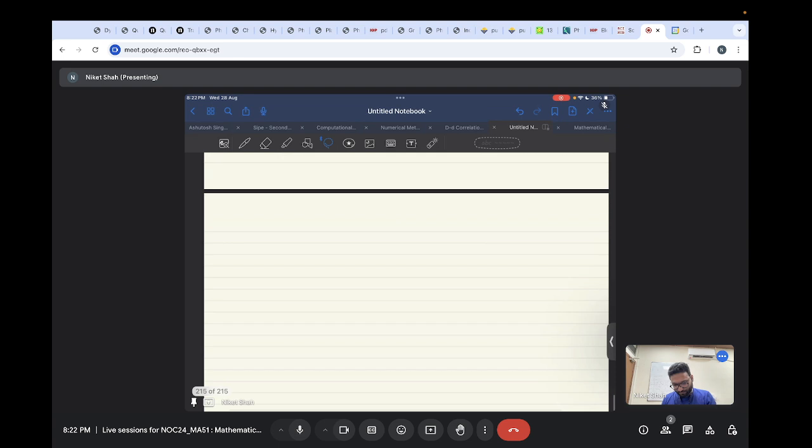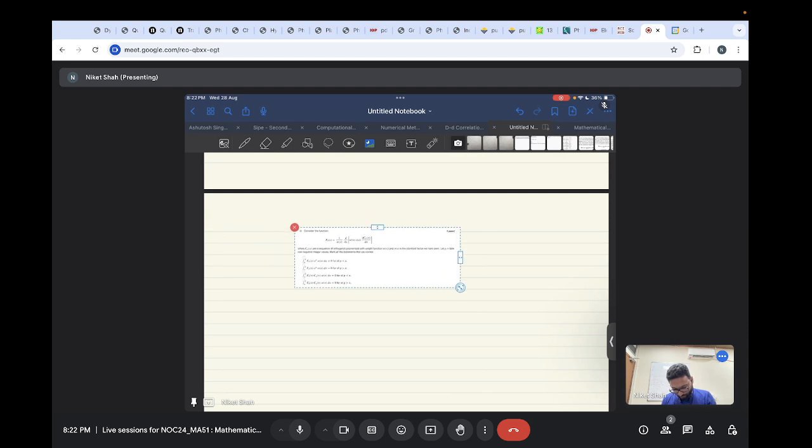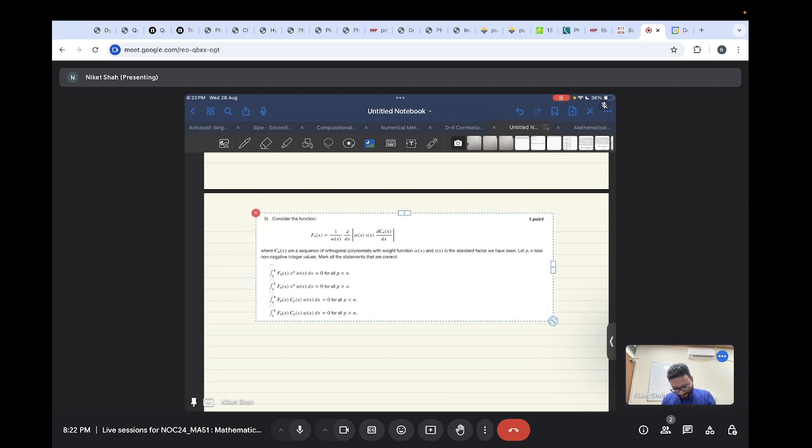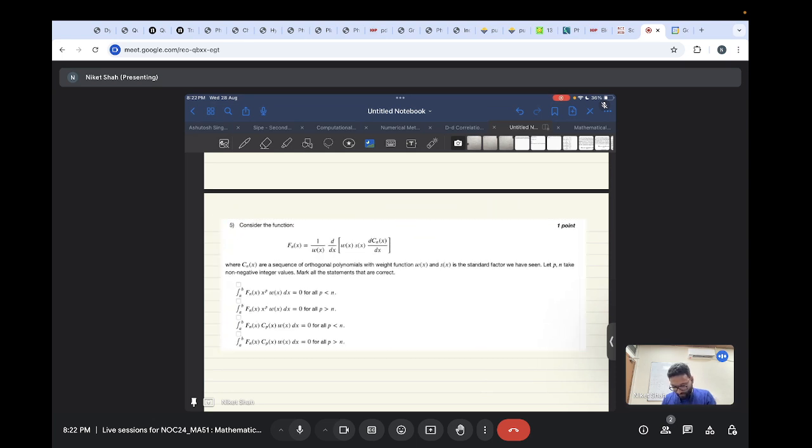Okay, so the fourth question is done. Now we move to the fifth question. Consider the function f_n(x) equal to this term.